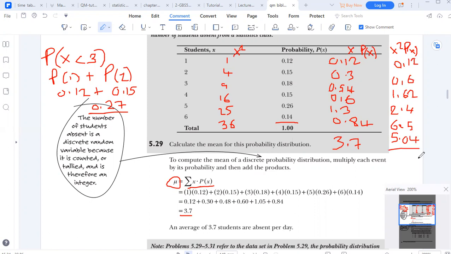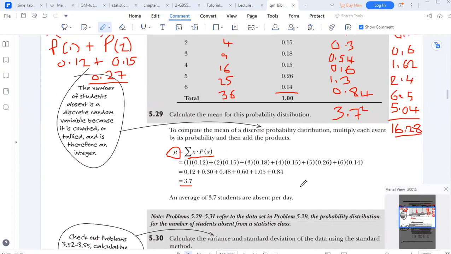So we total up this column: 5.04 plus 6.5 plus 2.4 plus 1.62 plus 0.6 plus 0.12. So what I get is 16.28. What I simply have to do is subtract this one minus the square of this one. So the variance is simply given by the summation of x squared p(x) minus the mean squared.